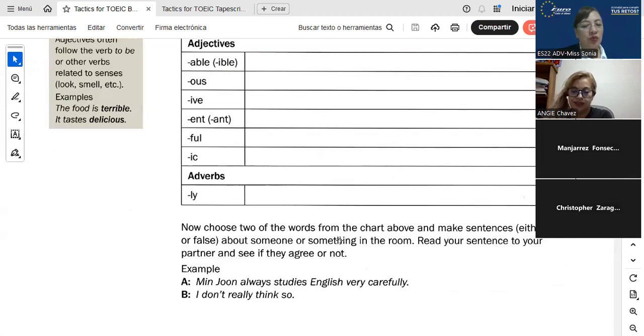Choose one of the words from the ones that you mentioned to make a sentence. It says to make sentences, either true or false, it doesn't matter, about someone or something you know or in the class. You can write it in the chat.